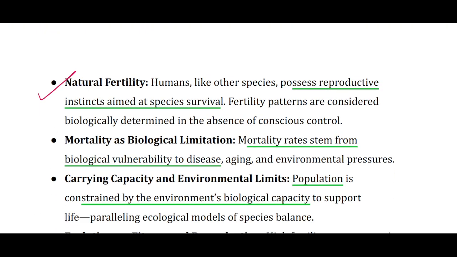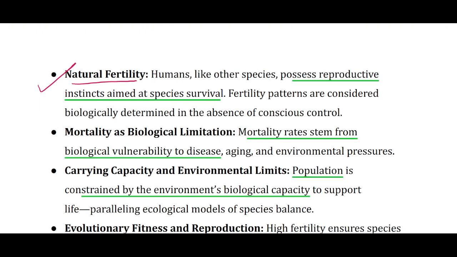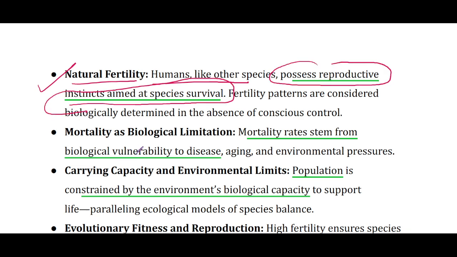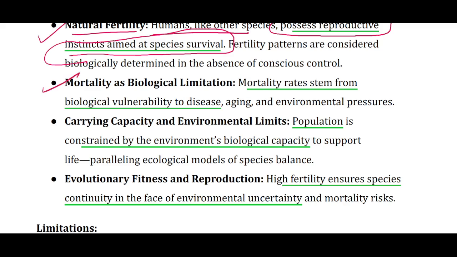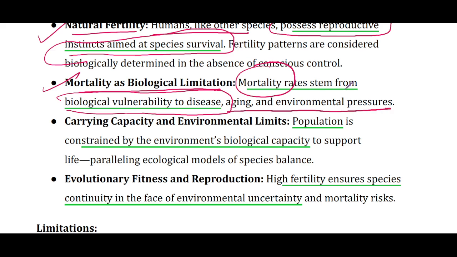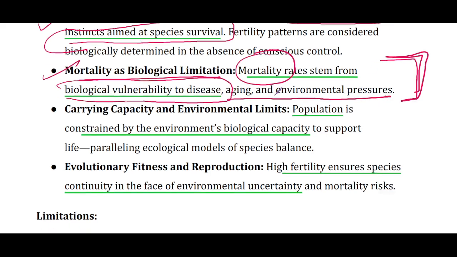Second principle, natural fertility: humans, like other species, possess a reproductive instinct aimed at species survival. Third principle, mortality as a biological limitation: mortality stems from biological vulnerability to disease, aging, and environmental pressure. So mortality is there, and we cannot escape from it.